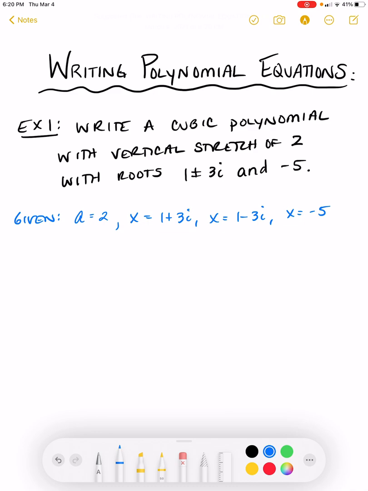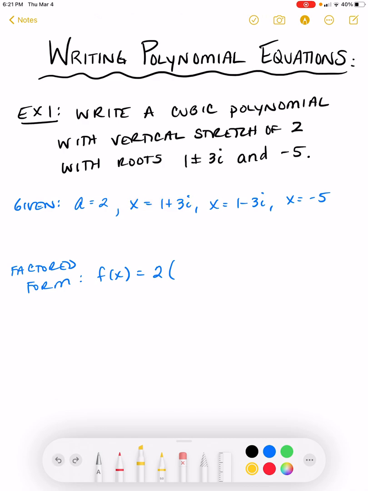So now we need to think about how this can be written as a factor, okay? So I'm going to come down here, and we're going to write this in factored form. Let's call this f of x, and I'm going to put the 2 out front as the vertical stretch. Now, right here in red, I want to show you my thought process for how to turn x equals 1 plus 3i into a factor, okay?